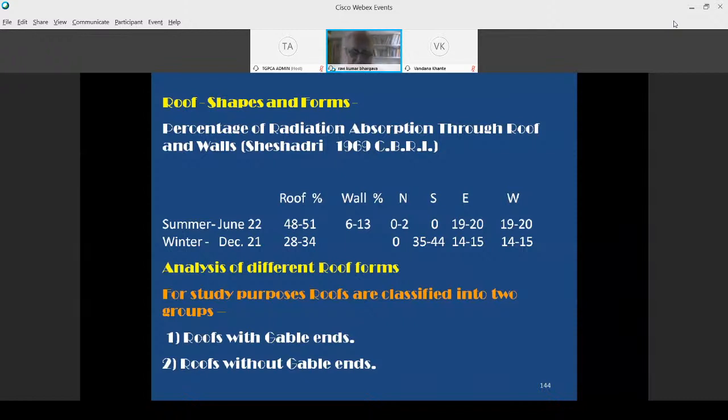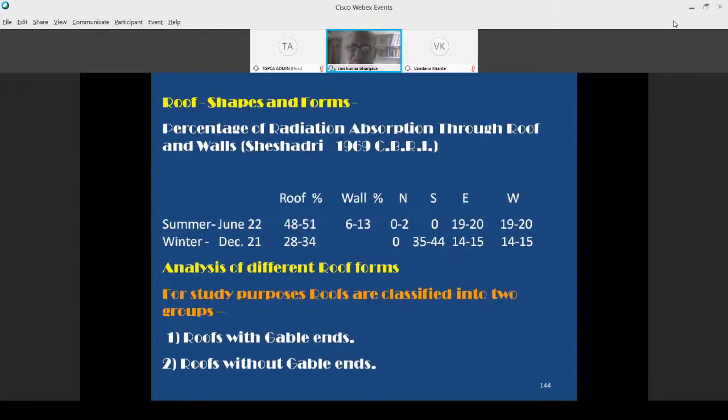That end in triangular shape is called the gable end. I hope you all know. Then roof without gable end. So one type is roof with gable end, another type is roof without gable end, and I have studied various roof forms under these two categories and come to a conclusion that this form is more suitable.